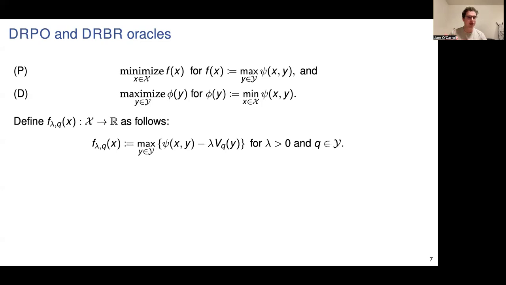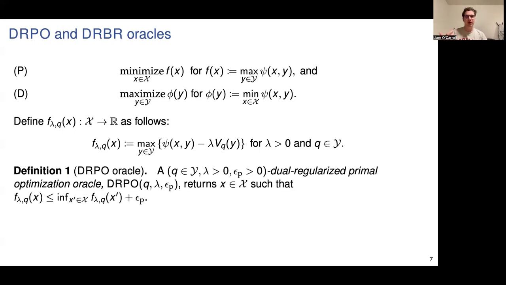This regularized version of f is defined for a given center of regularization q and a parameter lambda greater than 0, which corresponds to how much regularization you're adding. It's defined exactly like f, except instead of feeding in a point x and returning the maximum of psi maximized over the y variables, you first subtract a regularization term in the y variables, which is a Bregman divergence from q to y.